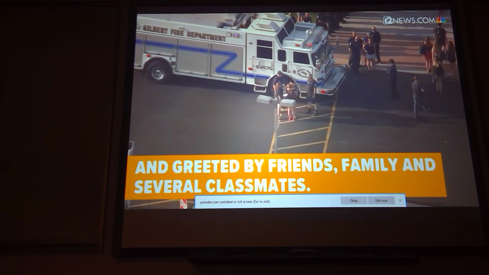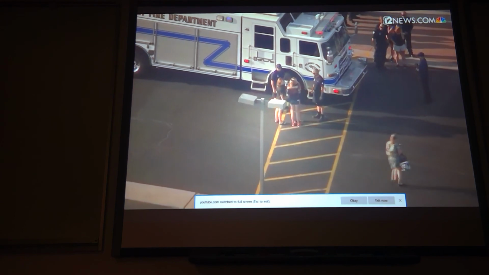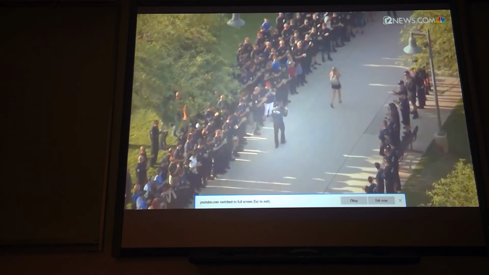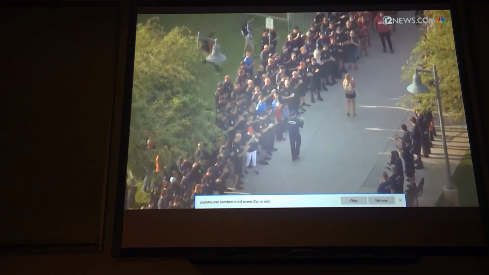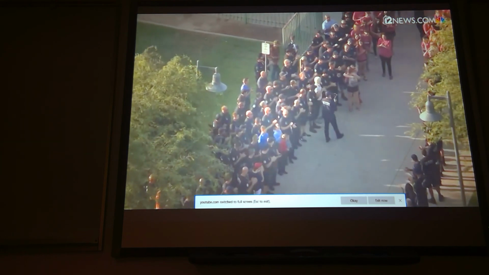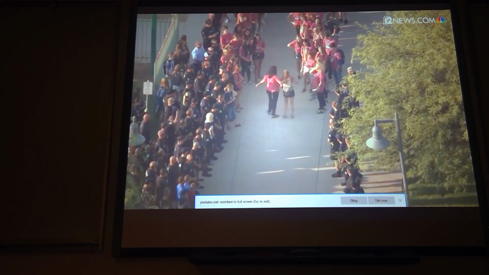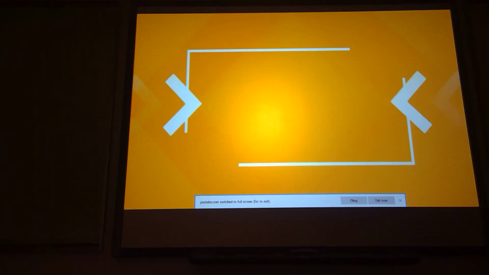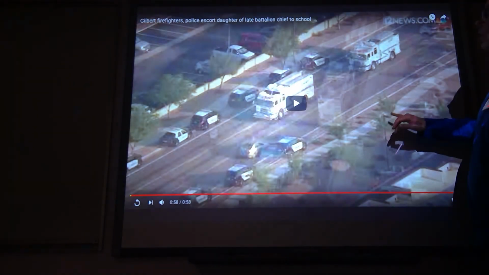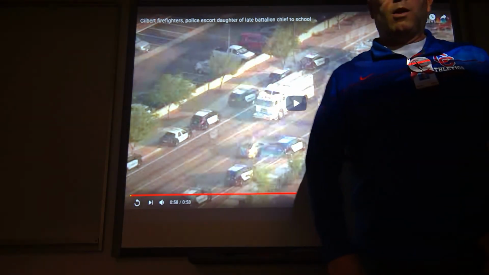And there she's walking up to campus. Look at that. That's the whole community. It's all the fire department. They had like 20 different fire departments that showed up for this. When I say 20 different, like Gilbert Fire Department, Chandler Fire Department, Tempe Fire Department. That's some love. So that right there, guys and girls, is what it means to take care of one another.